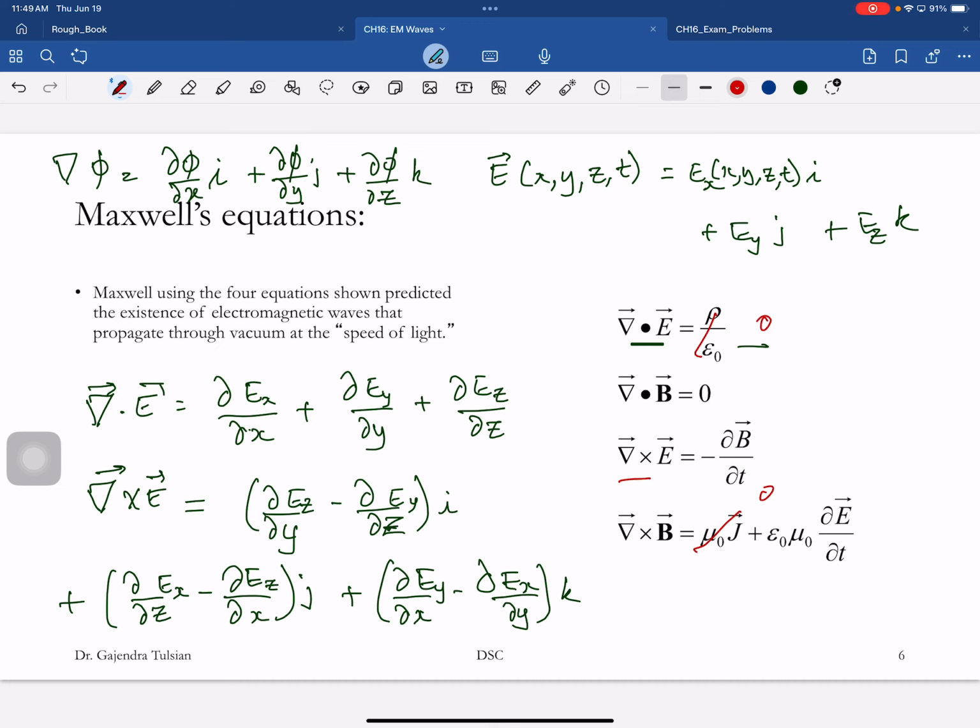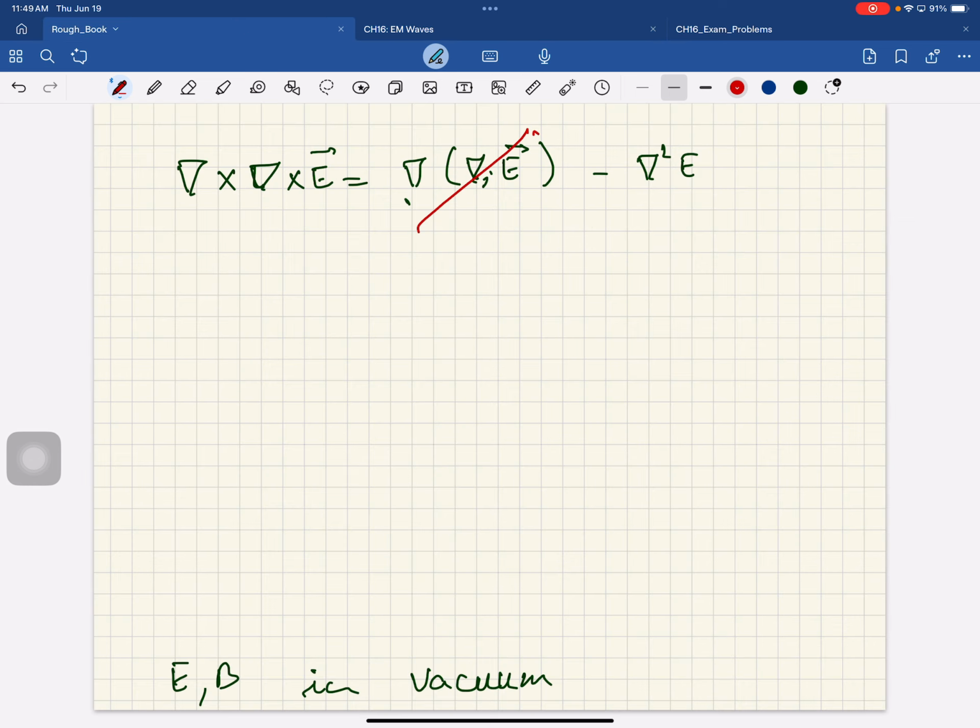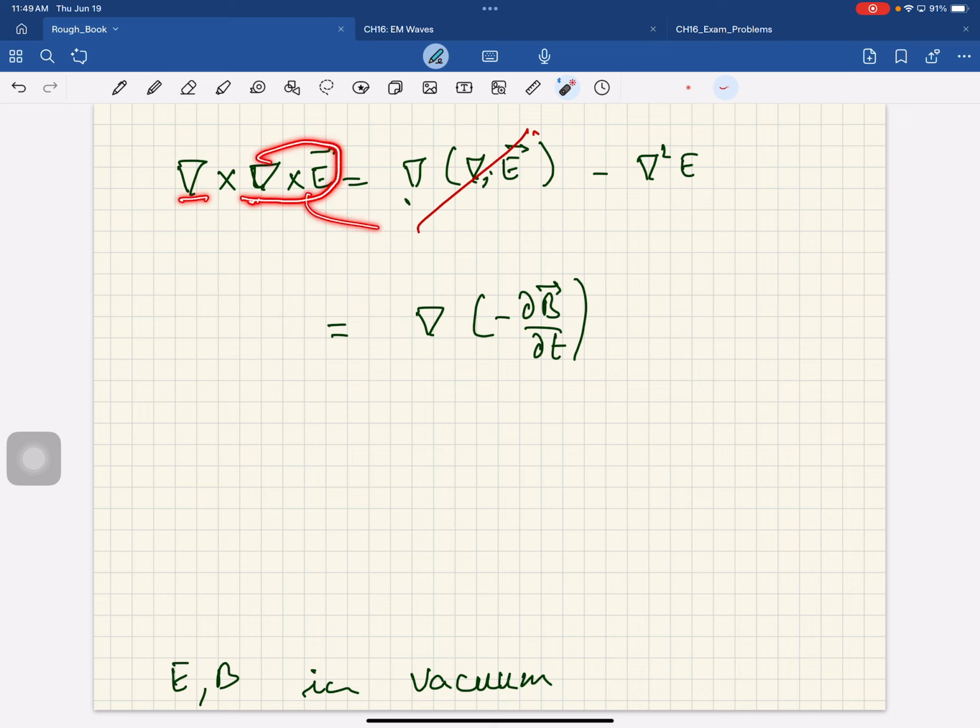Curl of E is minus del B by del T. So on the right hand side, we have curl of minus del B by del T. See, curl of E was minus del B by del T. So this fellow is equal to that.